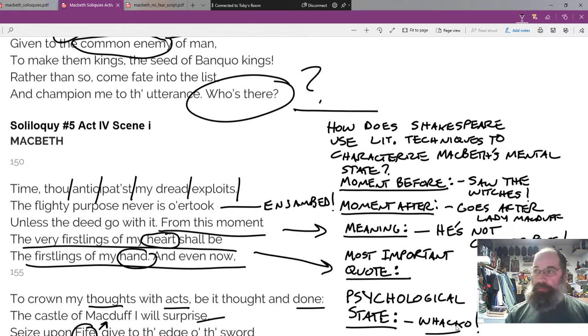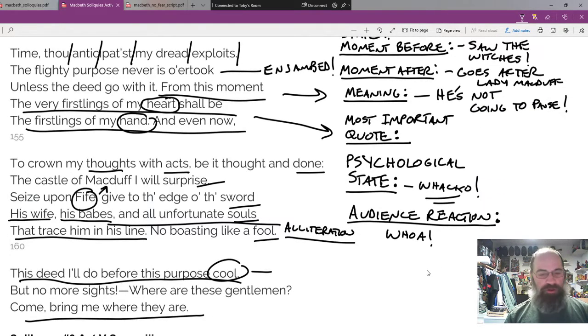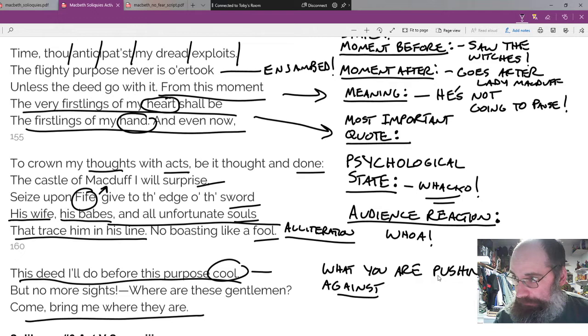He's wacko. But remember, a good thesis statement, and if you're in AP seminar, remember a good thesis statement applies to literature and seminar, is what you are pushing against. What are you pushing against?